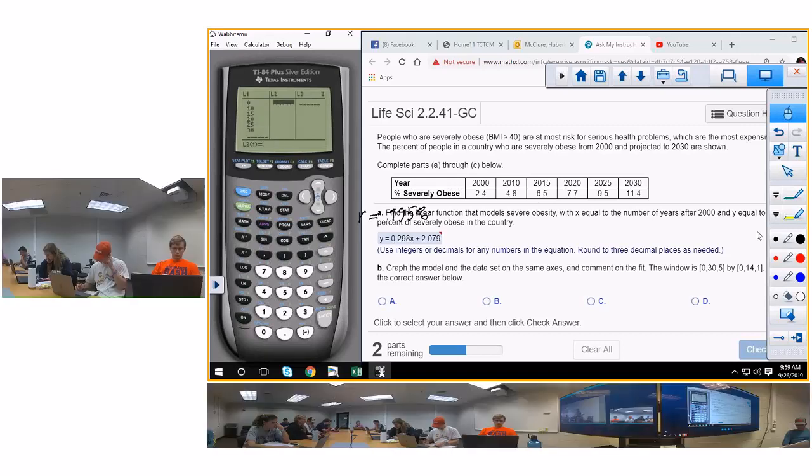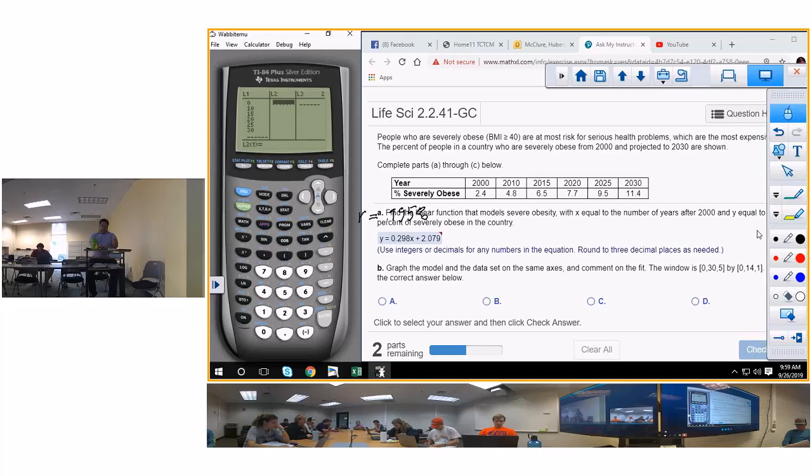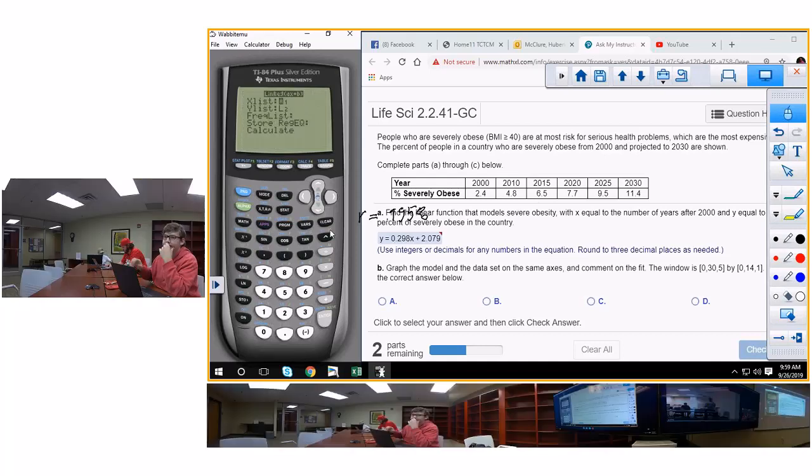And then 2.4, 4.8, 6.5, 7.7, 9.5, and 11.4. And Stat, Calc, linear regression, L1, L2, calculate.